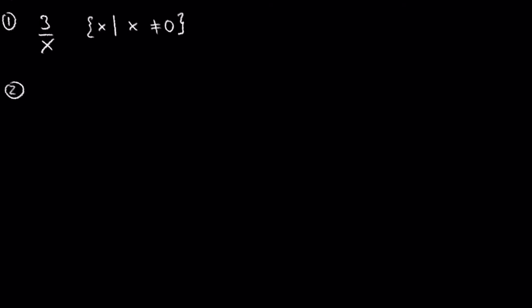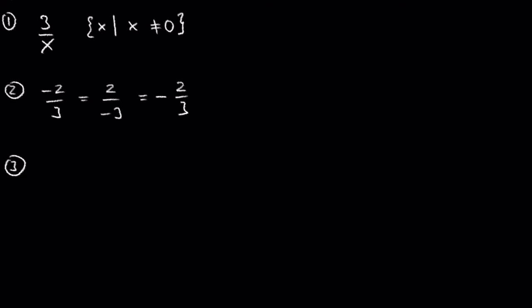Second, when you have, for example, negative 2 over 3, you can attach the negative sign wherever you want. Negative 2 over 3 is equal to 2 over negative 3 is equal to the negative of 2 over 3.